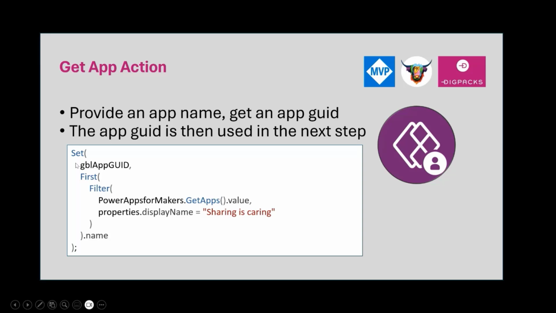So just to walk everyone through that super quickly, we'll set global app GUID to the first record returned by a filter on Power Apps for makers.getapps.value, where properties.displayName equals sharing is caring, and we want to return back the name property from there. Store that in our variable that we're going to use later on.